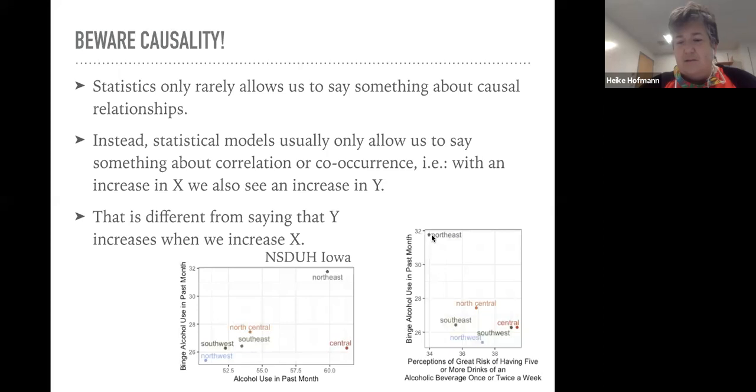If we include this observation of the Northeast, we have a negative correlation. So as the perception of greater risk increases, binge alcohol use decreases. But you can also see that this hangs very dramatically on whether we include or not include this element in the Northeast.